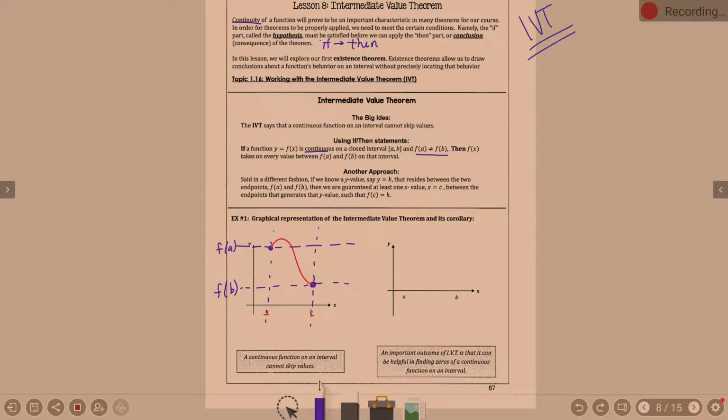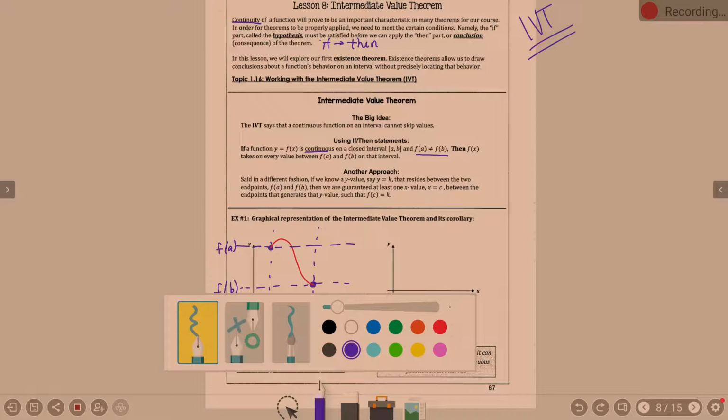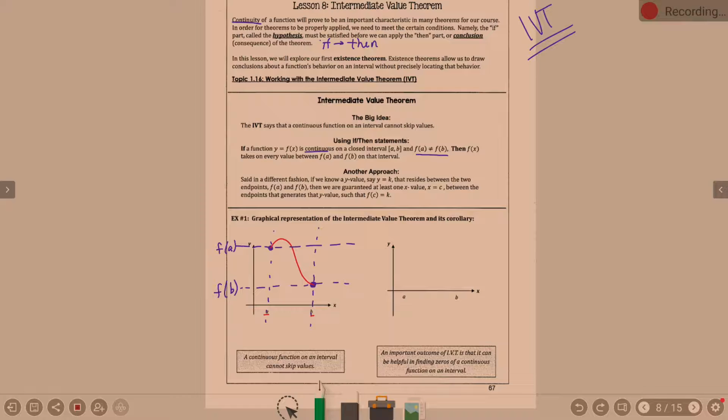So what we know is that there is some value C in between, and that this point C has a spot on the graph, on that continuous function, where the y value falls in between f of A and f of B. So this being f of C, which is also known as k.